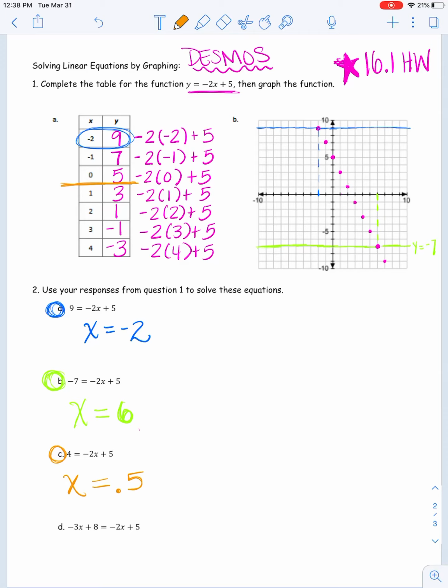If I take a look at my graph where y is equal to 4, which is right here, I'm going to draw in that line, y equals 4. Okay, I can trace this back down and see that that intersection occurs where x is between 0 and 1, which would be your 0.5.